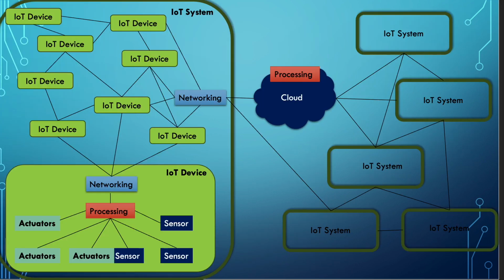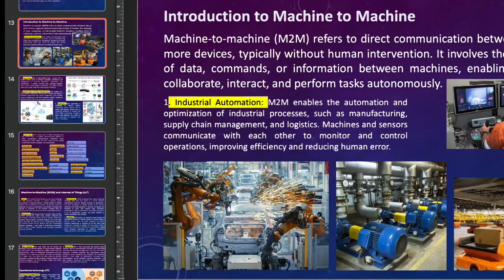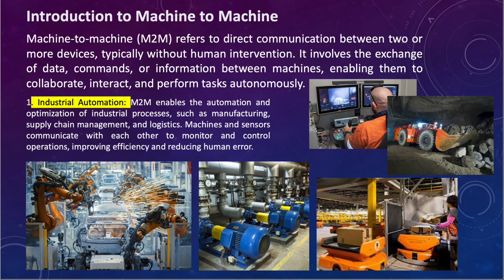So the algorithms can be written in a way that those two devices can work together. You can see in this picture that these arms are working together without crashing into each other. So these arms should be talking to each other, exchanging data about the positioning of each arm. Otherwise there will be clashes.